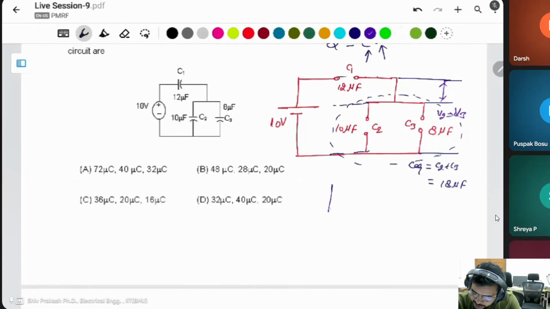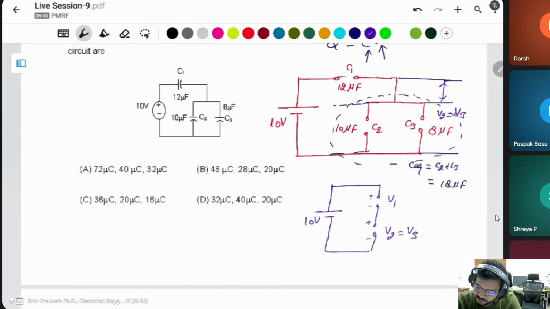Then the same circuit looks like this. This voltage is V2, V3, this voltage is V1. This capacitor is 18 microfarad, this capacitor is 12 microfarad.